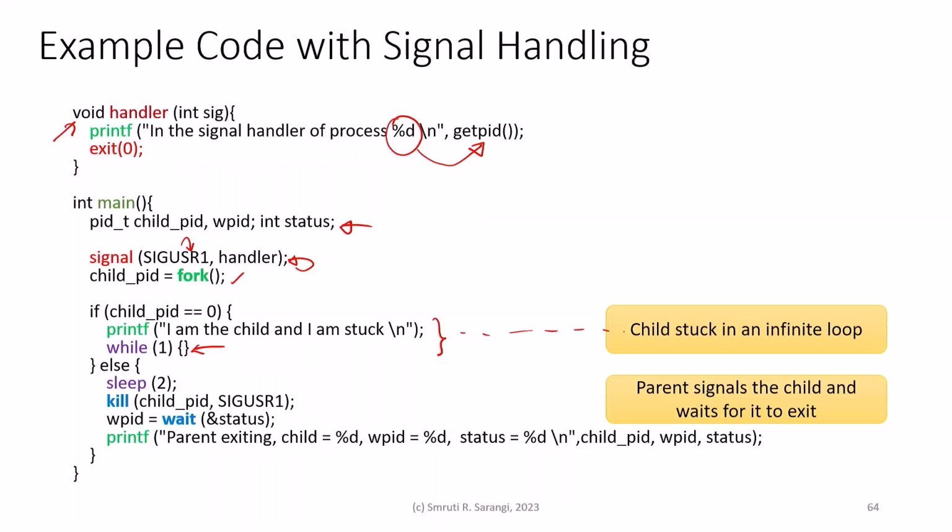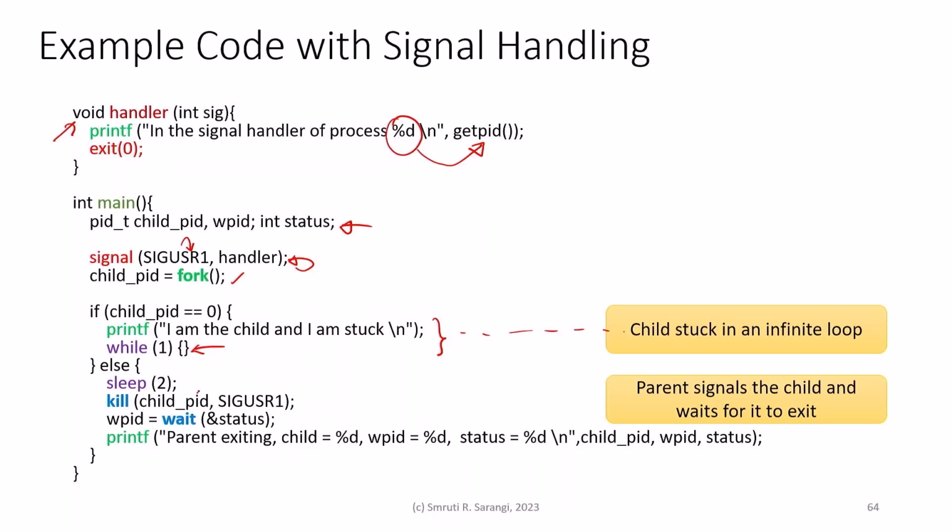So you're sleeping for some duration such that the child is set up and has gone into the infinite loop before you start the rest of the processing. Otherwise, there is a risk that the child may not be set up. Even with 2 seconds, there is no 100% guarantee the child will be set up. But this is a representative example, and we want to wait for a long enough time that with a very, very high probability the child would be set up. Then what we do is that we would have the child PID.